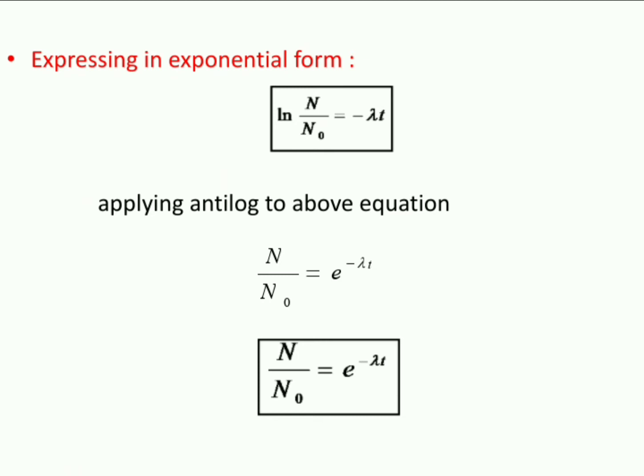This N by N0 is the fraction of the radioactive nuclides left undecayed after t seconds, and it is equal to e to the power minus lambda into t, where t gives the time for the ratio to reduce to N by N0. So now that you know the three different forms, one is differential, minus dN by dt is lambda into N, another is logarithmic, log N by N0 is minus lambda into t, and exponential form, N by N0 is e to the power minus lambda into t.